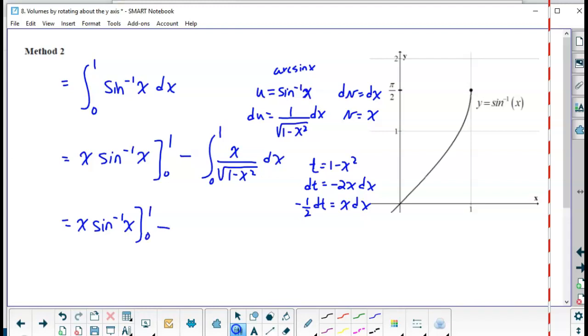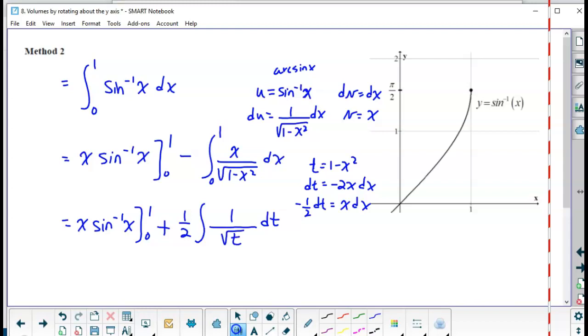All right. So I'm replacing x dx with negative 1/2 dt. So actually, I'm going to bring that out front, so that's going to make that plus 1/2 dt. And then it's going to be 1 over the root of 1 minus x squared, which is root of t.